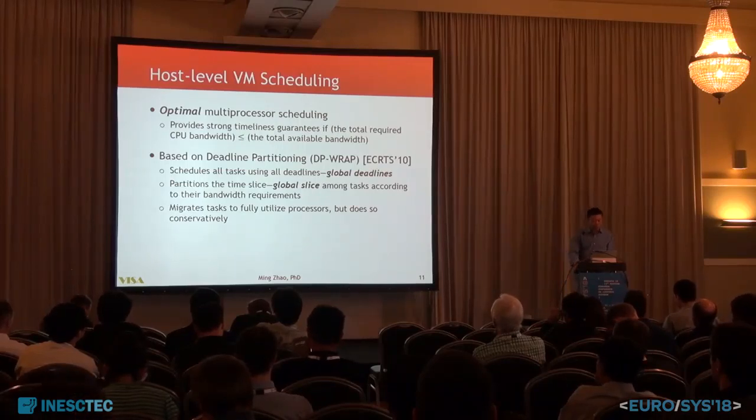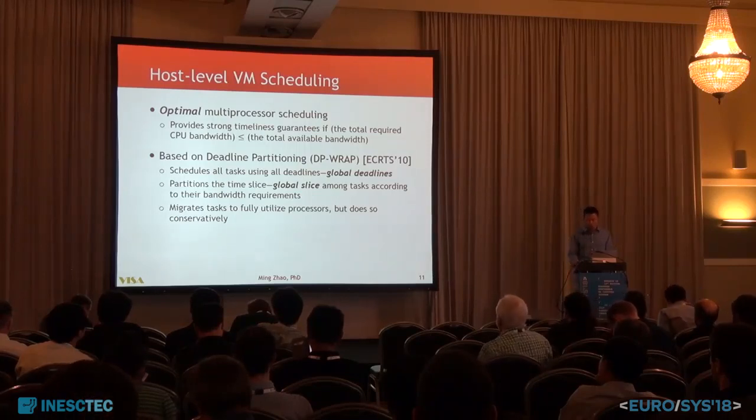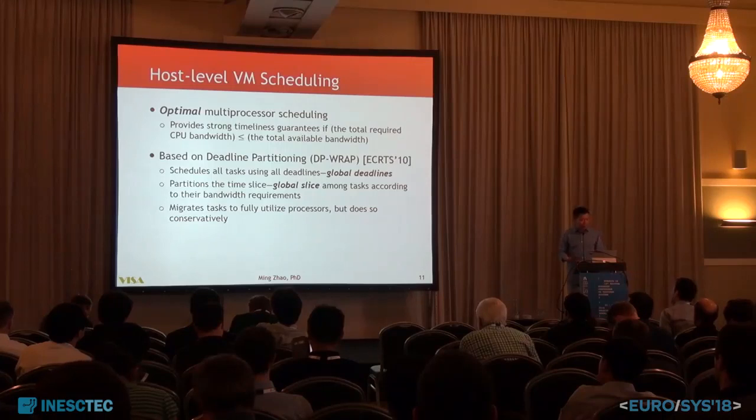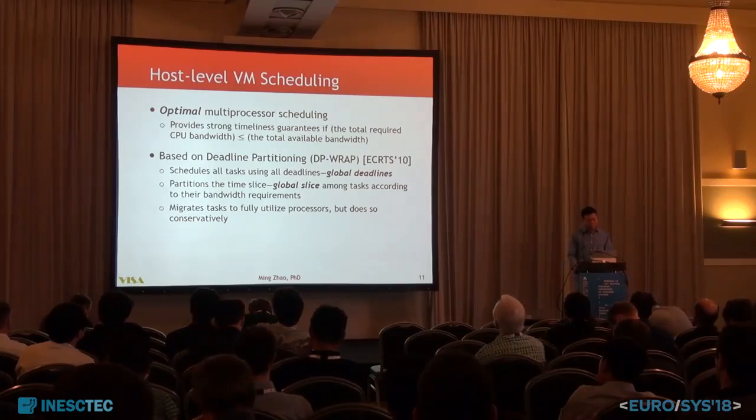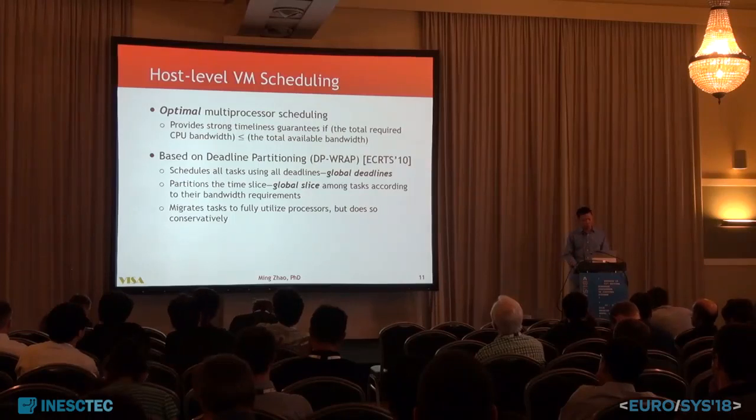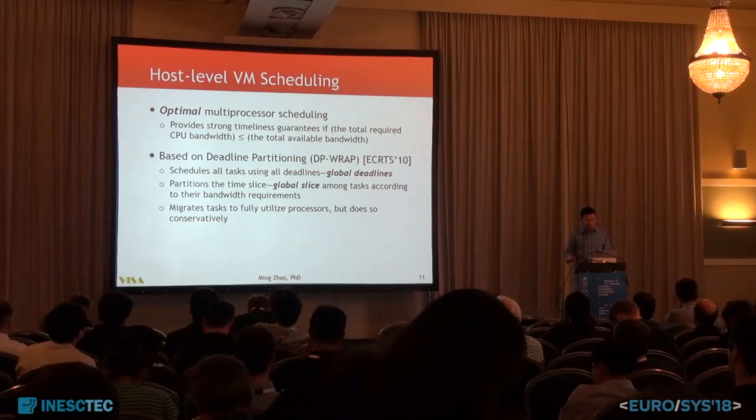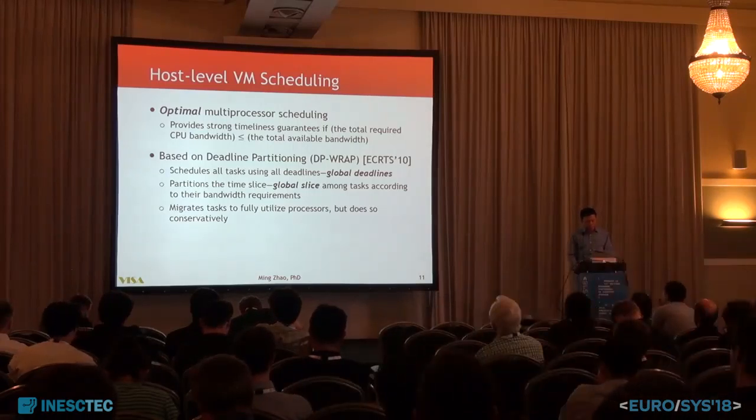In order to accomplish that, we base our host level scheduler on an existing optimal multiprocessor scheduler called DP-Wrap. DP-Wrap was created for non-virtualized systems, and we adopted and extended it to make it work for virtual machine scheduling and to support cross-layer scheduling.